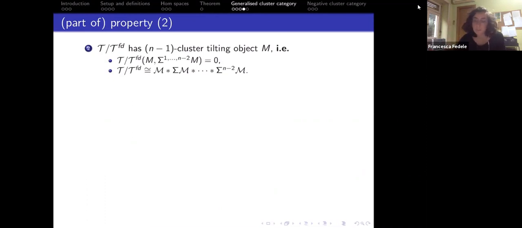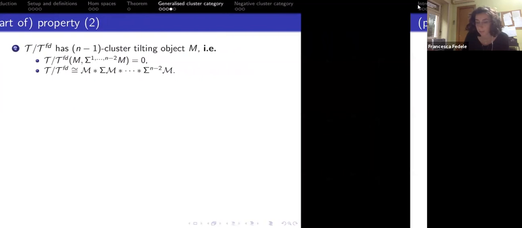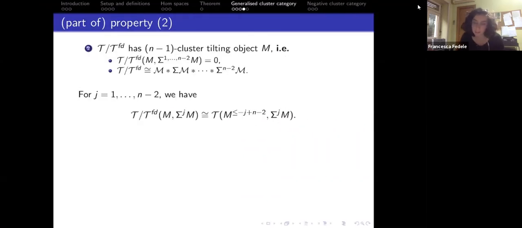So to prove the first property, we can actually just apply again our theorem. And then for the second one, I'll just mention the results that one can use to prove it, but we need something else. So for the first half, we can take j between 1 and n minus 2.